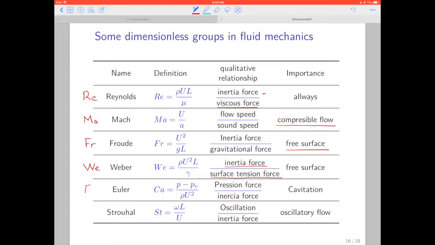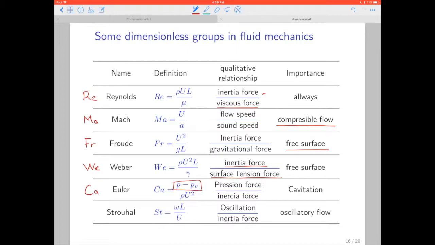Okay, we also have the Euler number, which is generally written as CA, and is related with cavitation. It is going to tell us how close to cavitation we are. It is a comparison of the fluid pressure with respect to the vapor pressure.